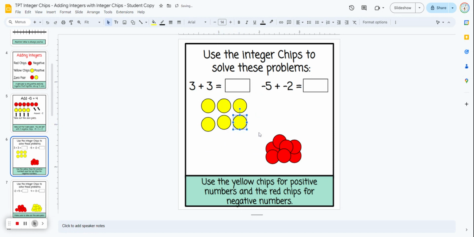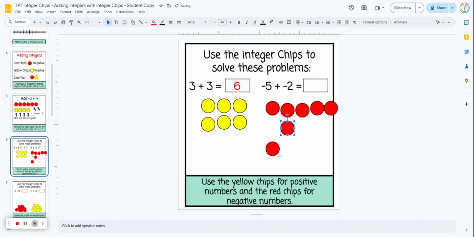And they're going to refer back to this slide for one of the later slides when they're going to be dragging and dropping vocabulary terms. Here we're adding negatives, so we have a -5, which means 5 red chips, and add 2 more red chips for a total of -7.